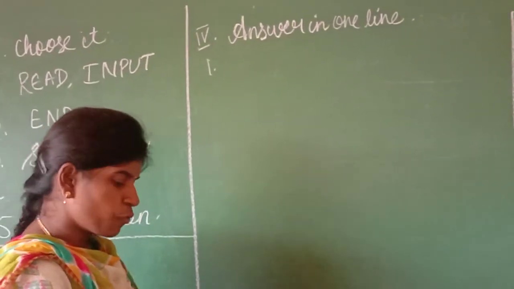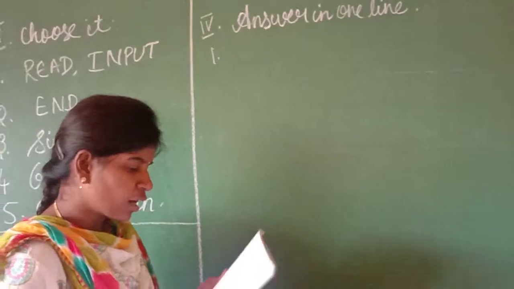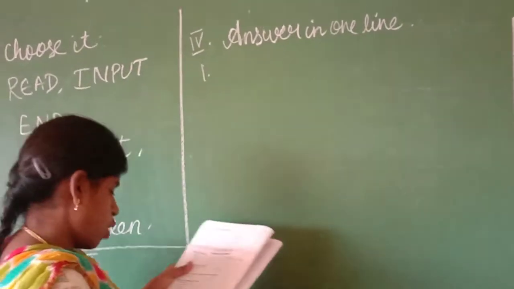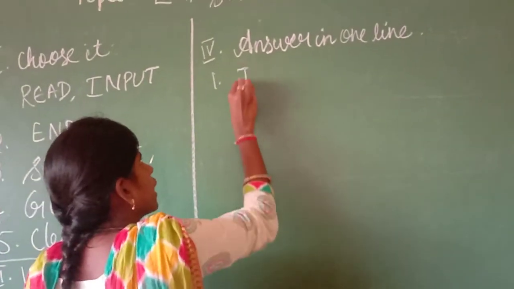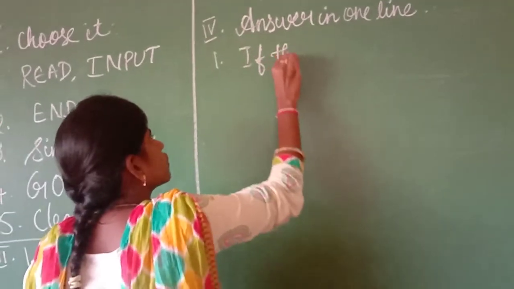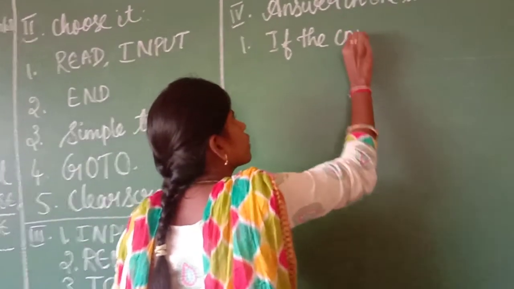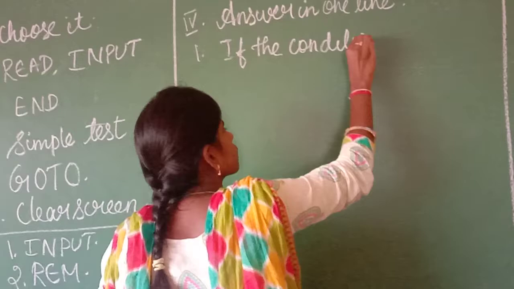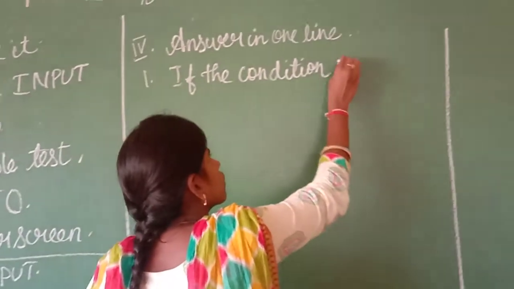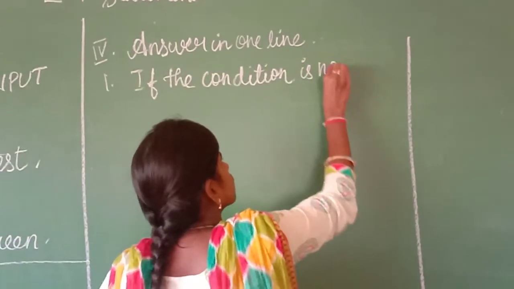Okay, if the condition is false, then only our condition will shift from one place to another. So we need to write: if the condition is not true.